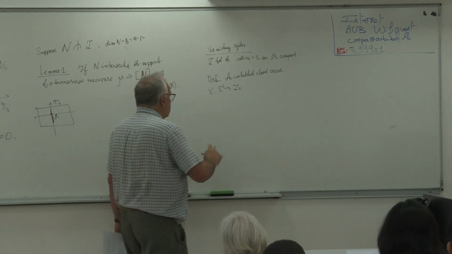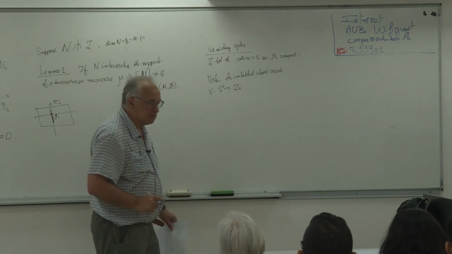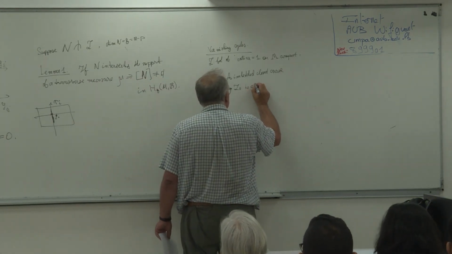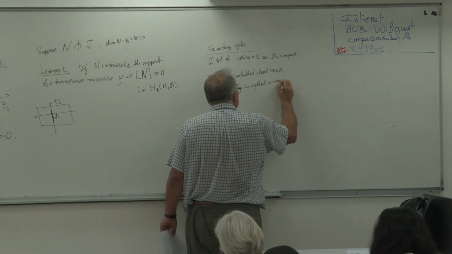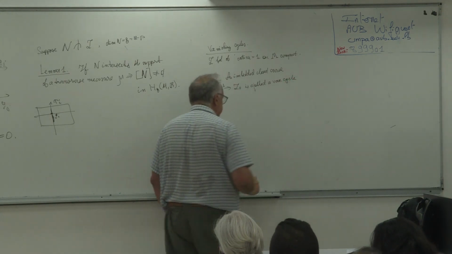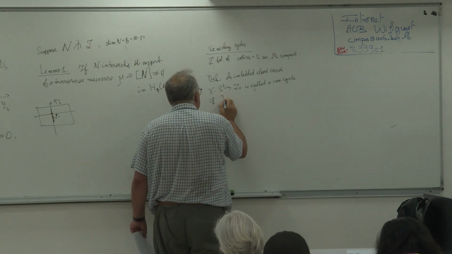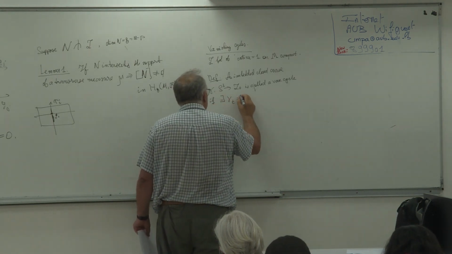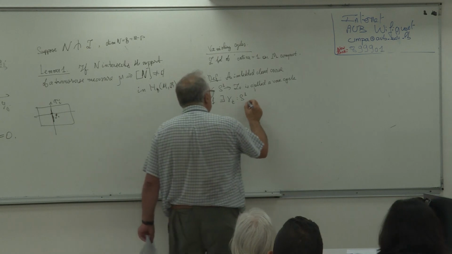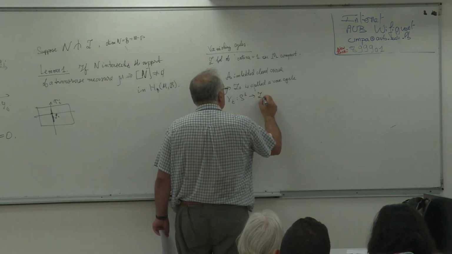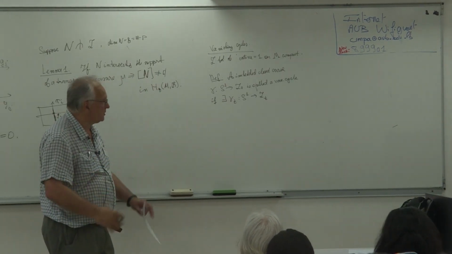An embedded curve in the leaf is called a vanishing cycle if there exists a homotopy of curves, each in its leaf, so you can deform this.